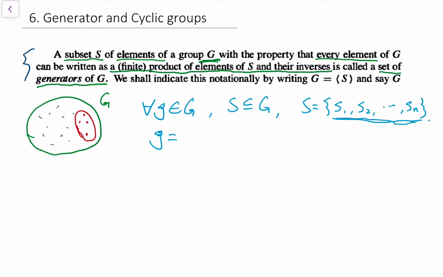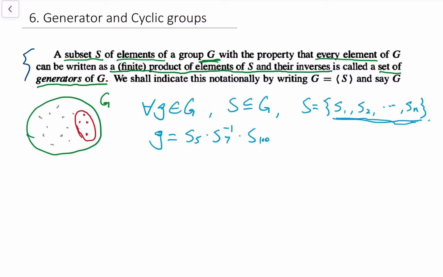So maybe G can be written as S5 times S7, maybe the inverse of S7 times S100, if n is greater than 100, like this.